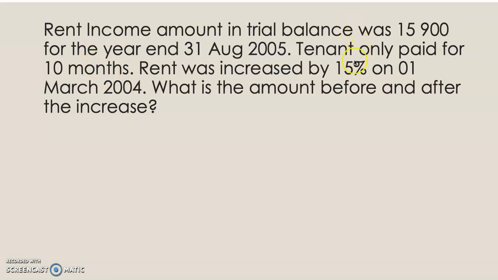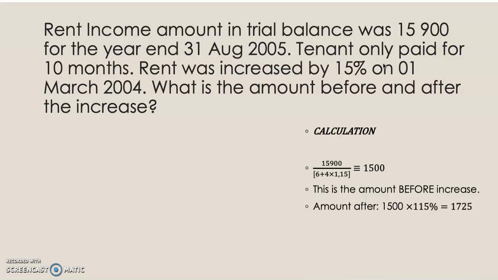What was the increase? 15%. How many months was it before the increase? The increase was on the 1st of March. The year end was 31st August. That means that there were 6 months before the increase. There were 4 months after the increase.